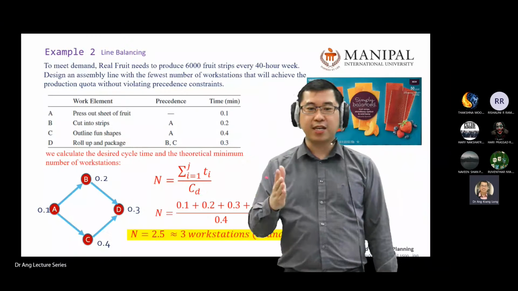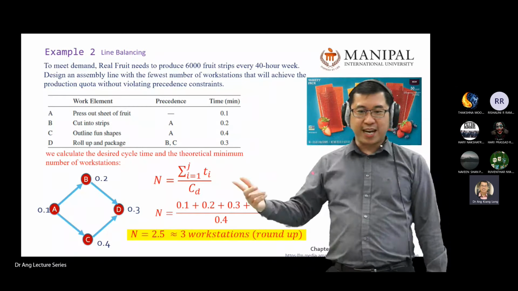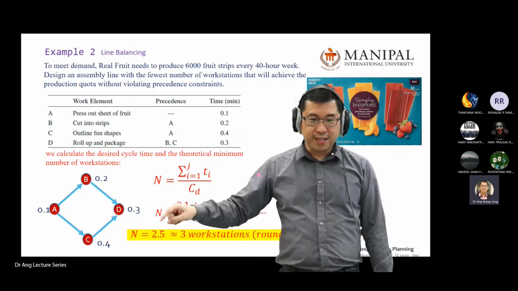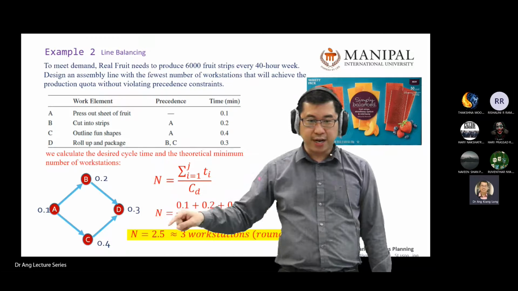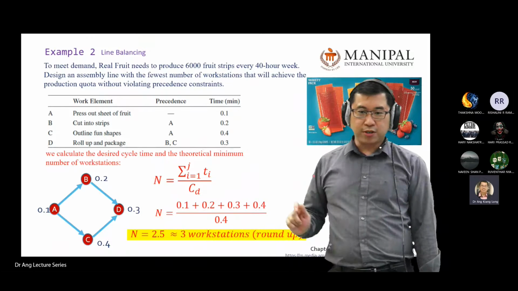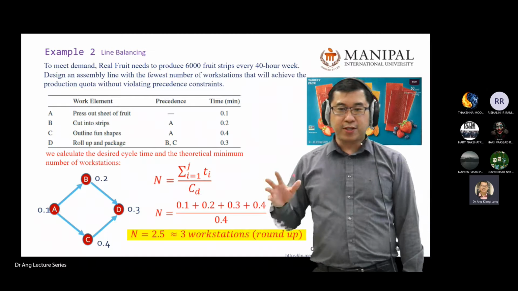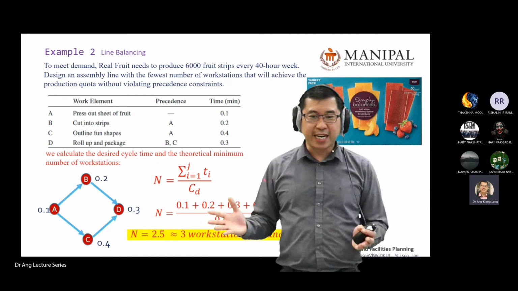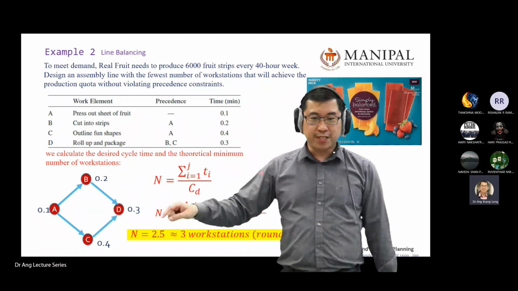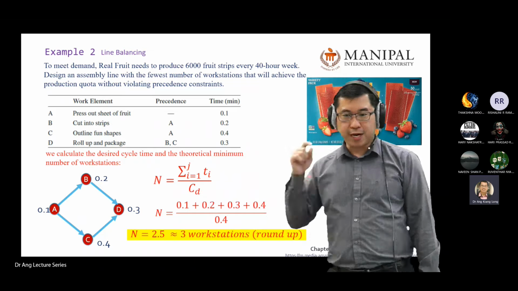You cannot go lower than 2, right? So there's some logic there. Even if the decimal is small, like 2.1, you still need to round up to 3. If not, your production line cannot run. The capacity cannot cope, because this is the minimum number of stations you need, 2.5. So round up to 3.